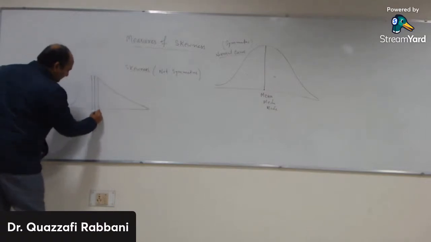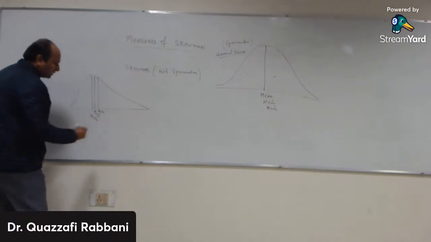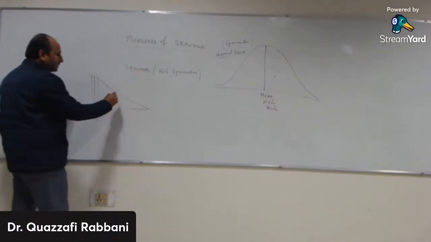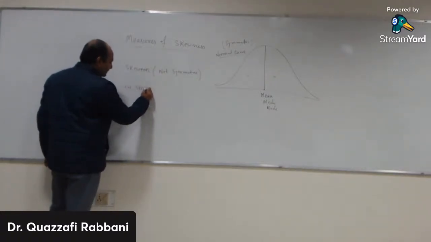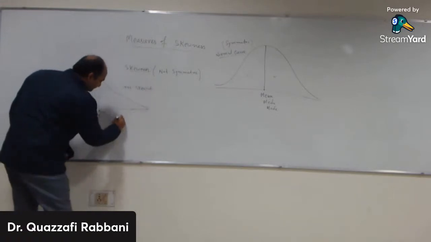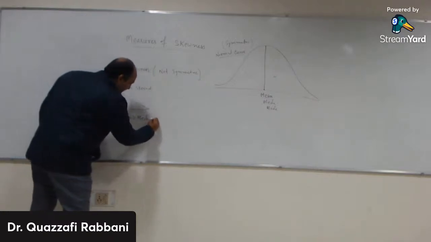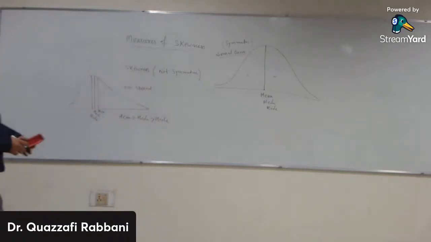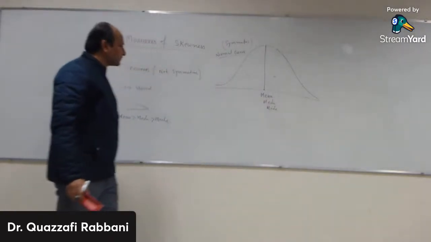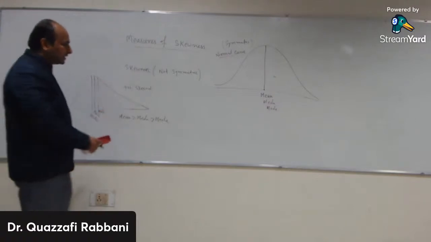This is the mean, this is the median, and this is the mode. This curve is known as positive skew, in which mean is greater than median, greater than mode. So this is the symmetric or normal curve. If the curve is not symmetric, then it is either positive skewed or negative skewed.